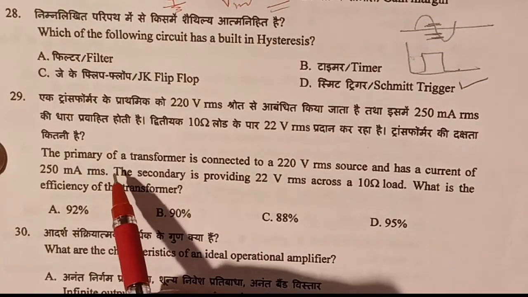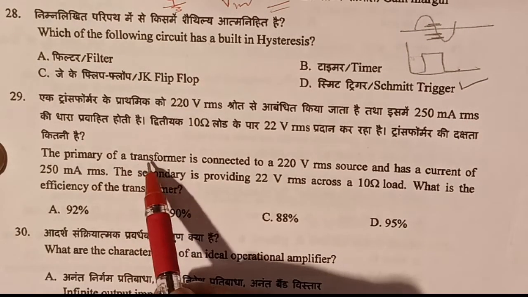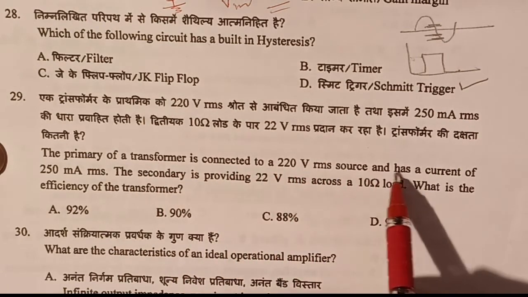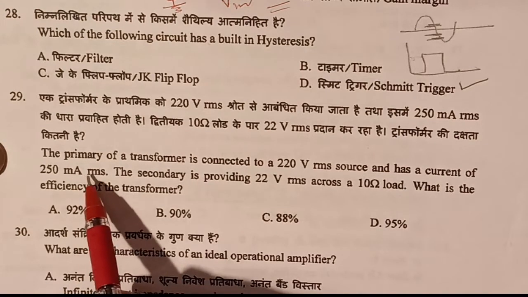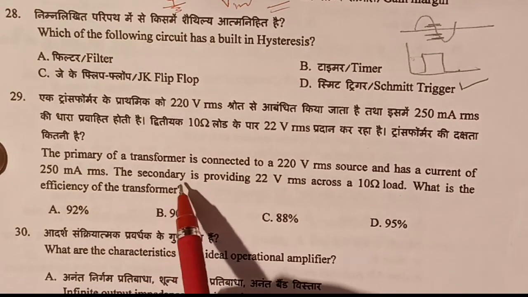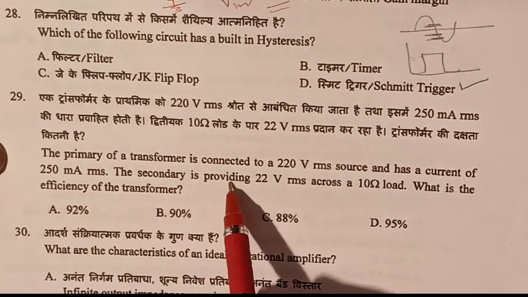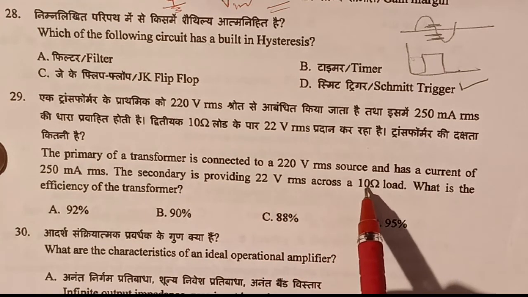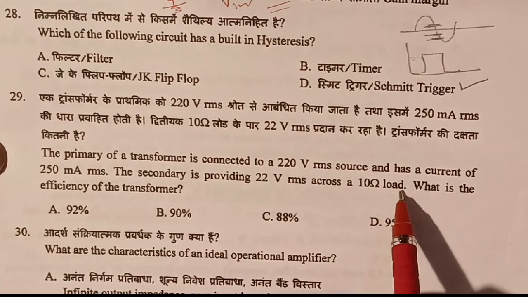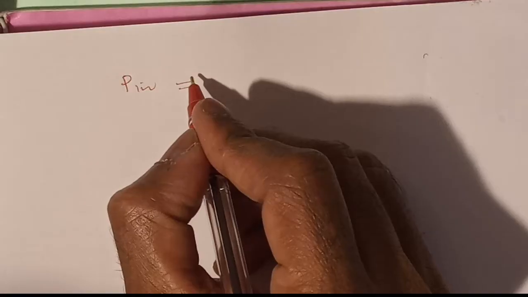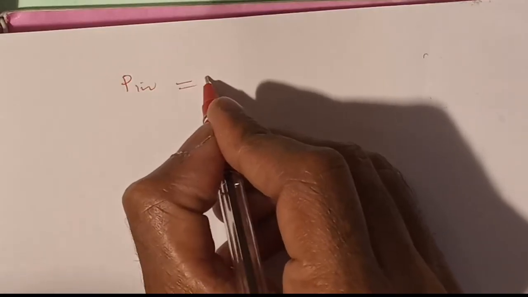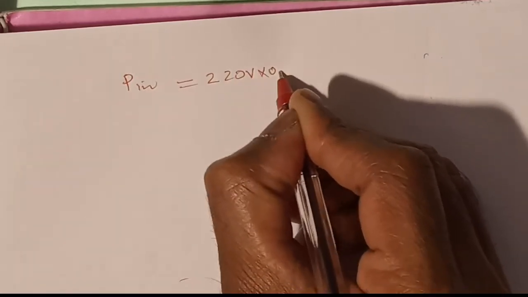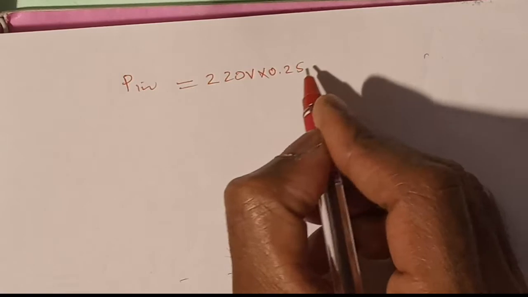Question number 29. The primary of a transformer is connected to a 220 volt RMS source and has a current of 250 milliamps. The secondary is providing 22 volt RMS across a 10 ohm load. What is the efficiency? Our input voltage is 220 volt and the current is 0.25 amps.